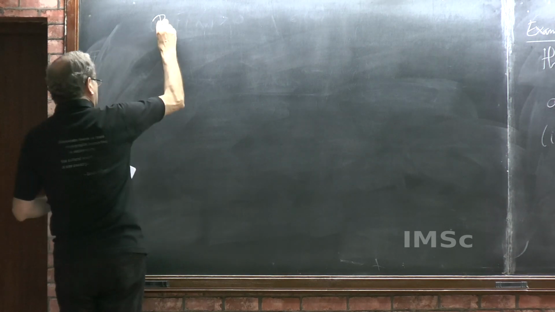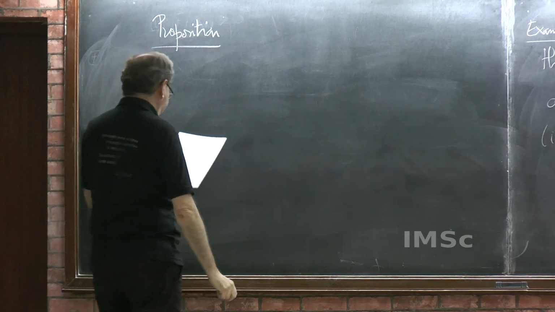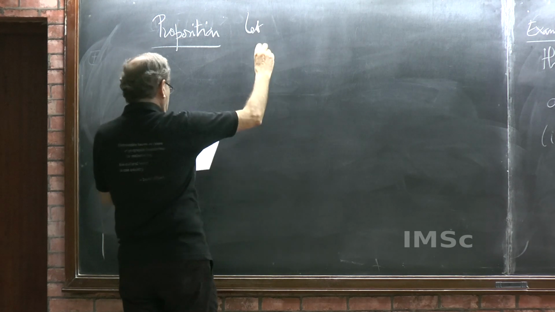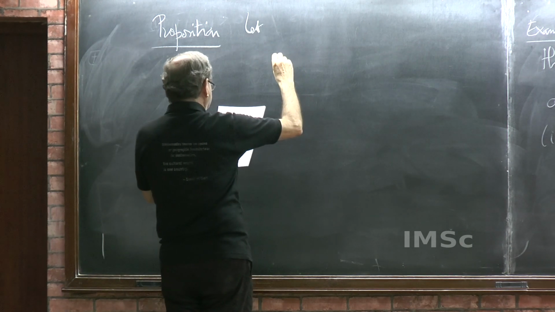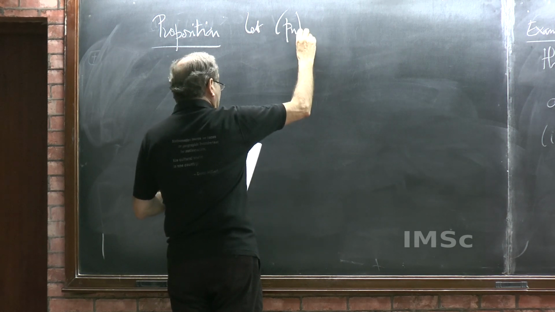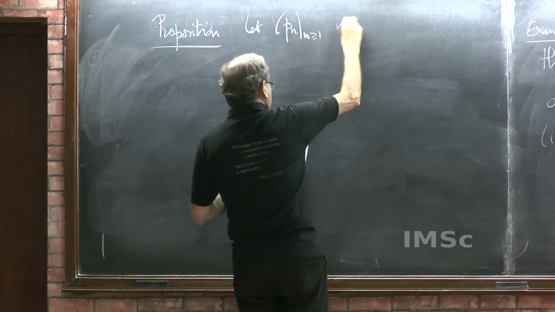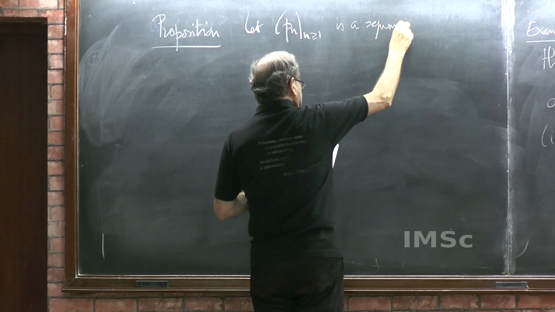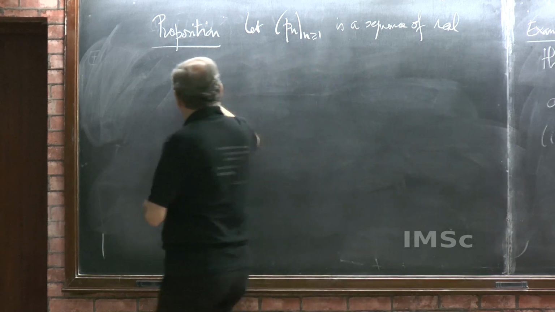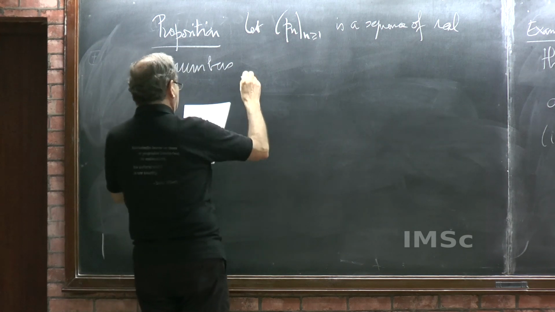Okay, let us write it as a proposition and then we'll see why it works like that. So, okay, let us assume, as usual, my set of pn, n at least 1, is a sequence of real numbers in 0, 1.